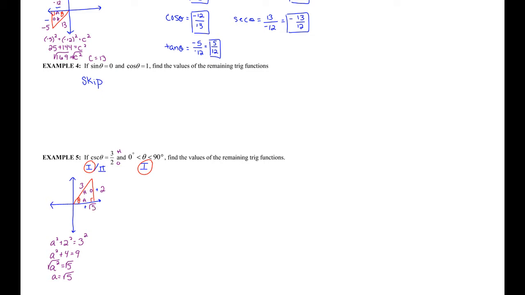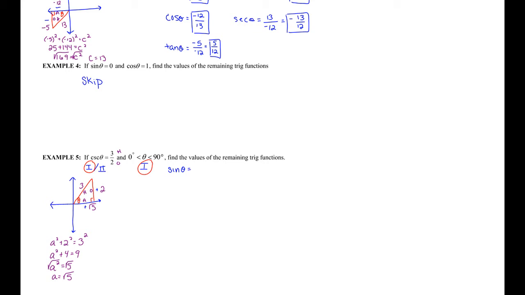Now that I know the length of all three sides, I can look at setting up my trig ratios, starting with sine of theta. Sine of theta is the opposite side over the hypotenuse, so I get 2/3.